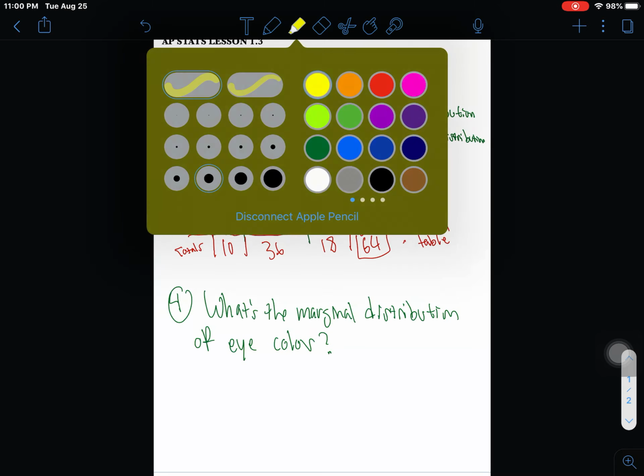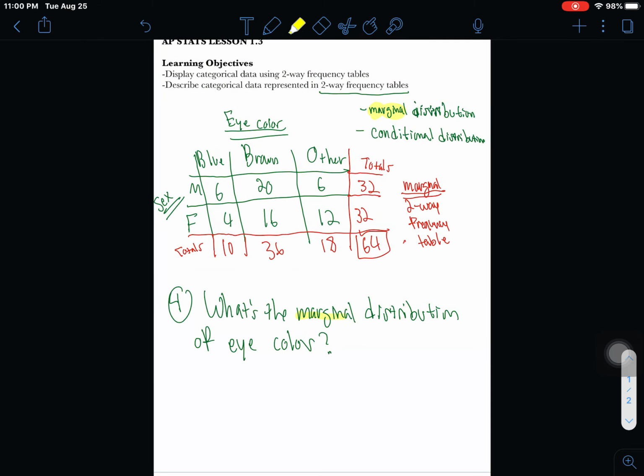Well, like I said, when you see the word like margin, I want you to think of the outside. All right, so we're either going to be looking at this distribution, the column, or we're going to be looking at this distribution, the row. And the way you're going to know is it tells you what variable you're looking at.